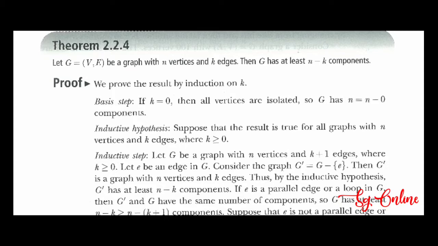So all the vertices are isolated, and each vertex becomes a component of the graph. The theorem says that G has n minus 0 components because k is 0, so G has at least n components, and that proves the result for k equal to 0, and completes the basic step.